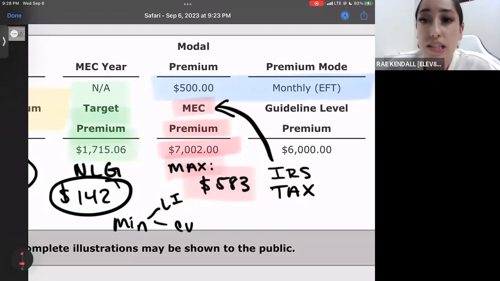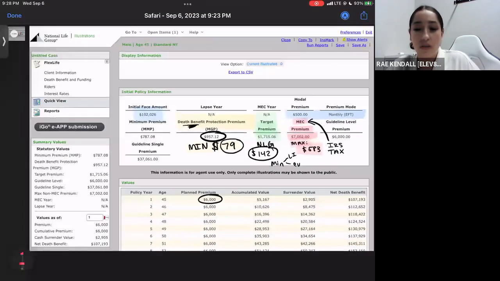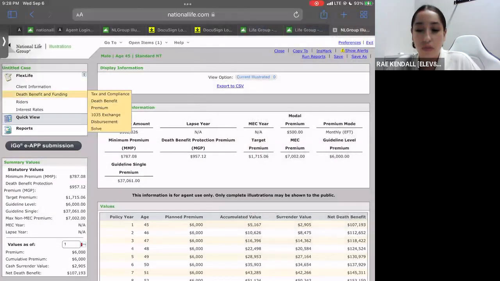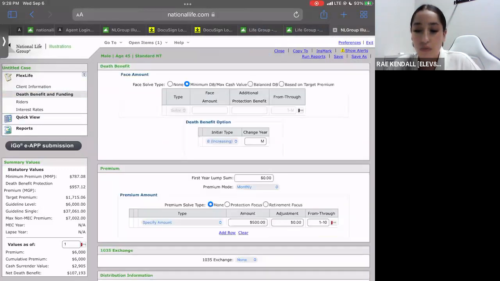If you have a bigger window of life insurance, the IRS lets us add more. So if you go to your death benefit, you can add additional coverage to open up that window.